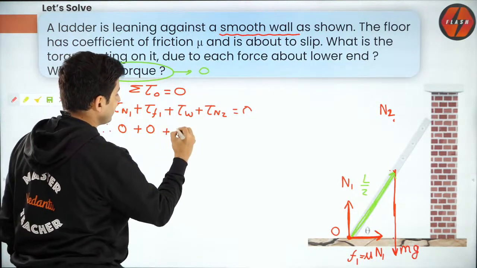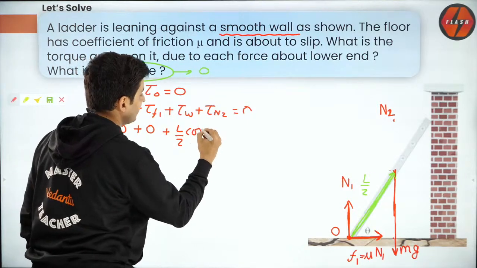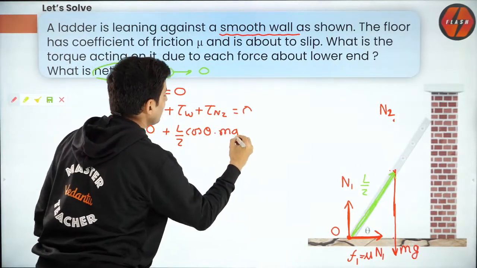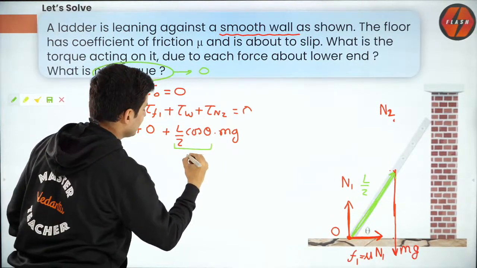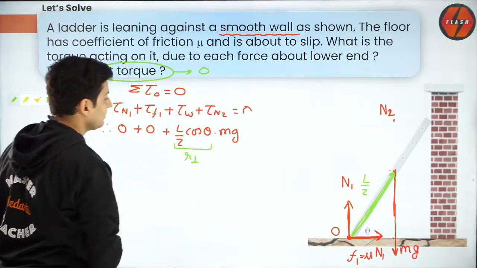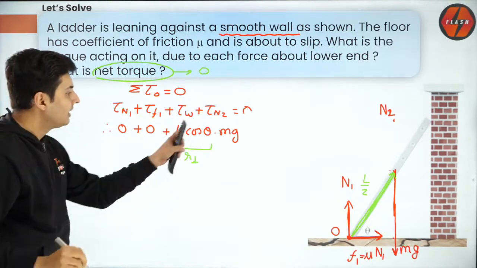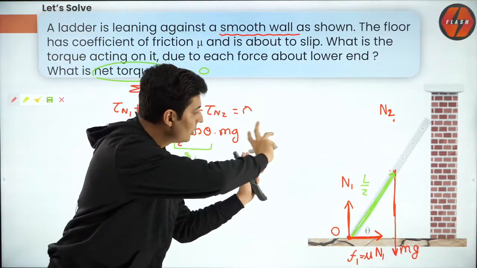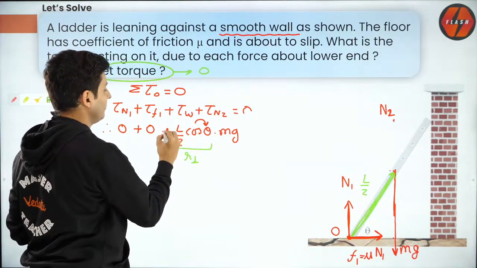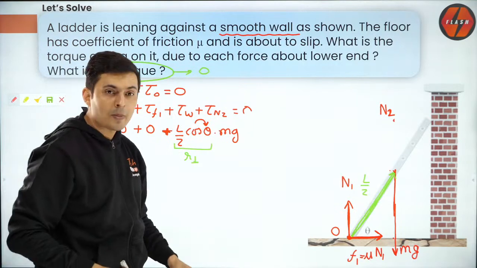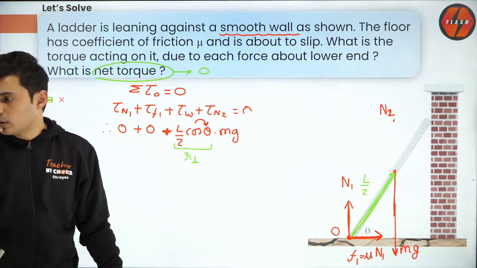So it will be plus L by 2 cos theta into mg. Please understand, if you have missed that concept, this is R perpendicular. You can see that inside that triangle, and that is producing a torque clockwise. So I have made it positive. Is that clear, everyone? Very good.